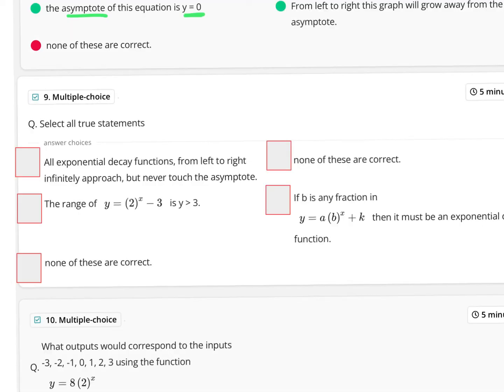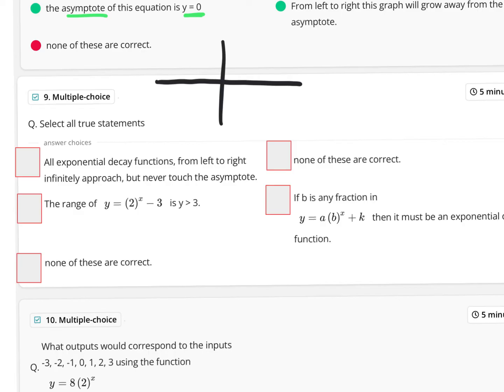Another true, select all true statements question. Right, here we go. It says all exponential decay functions from left to right infinitely approach but never touch the asymptote. So what is an exponential decay function? I want to do a quick sketch. From left to right, it's going to decay towards the asymptote. Okay, and then it infinitely approaches but never actually touches.